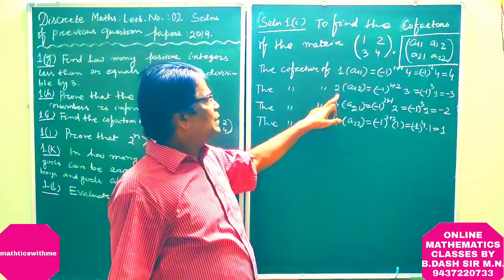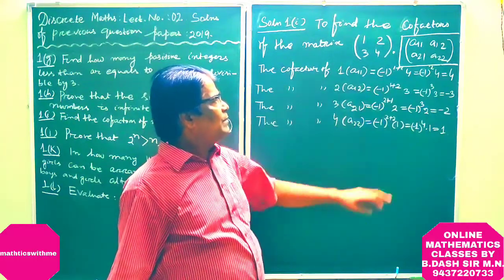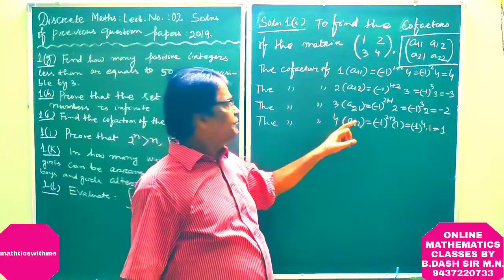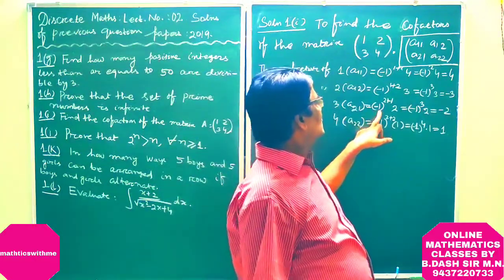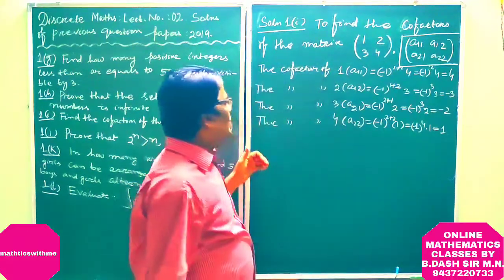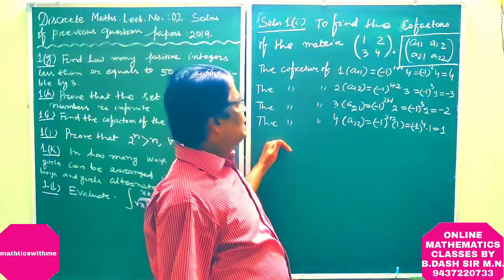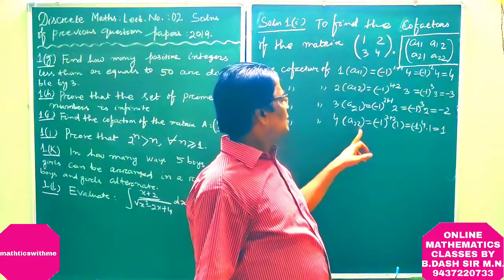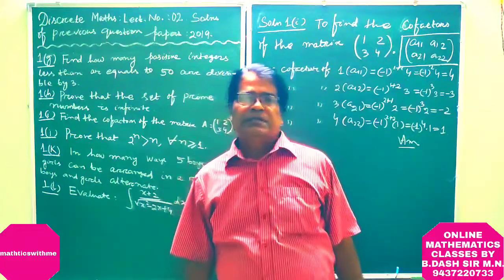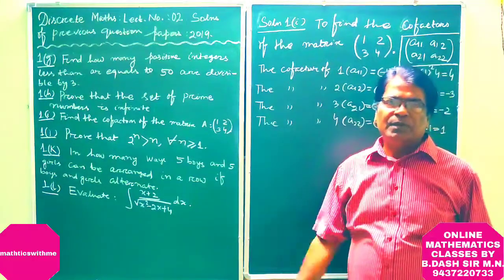The cofactor of 2 is minus 1 to the power 1 plus 2 into 3, which is minus 3. The cofactor of 3 is minus 1 to the power 2 plus 1 into 2, which is equal to minus 2. The cofactor of 4 is minus 1 to the power 2 plus 2 into 1, that is 1. Answer. So this is the answer for question number 1I.